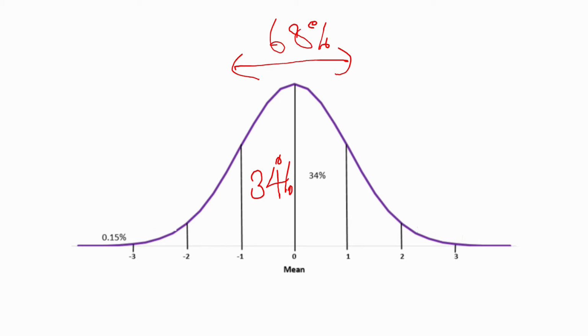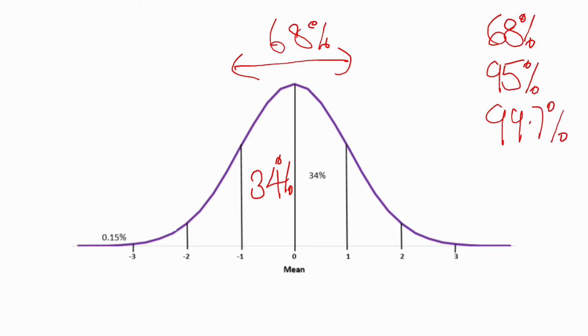So our important numbers here, just to recap, are 68%, 95%, and 99.7% within three standard deviations.